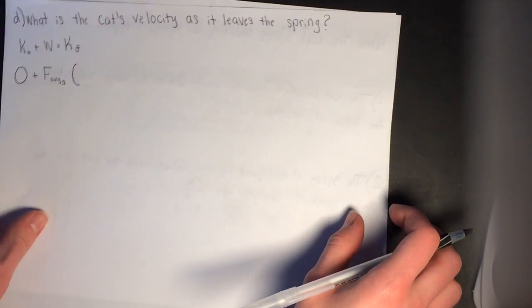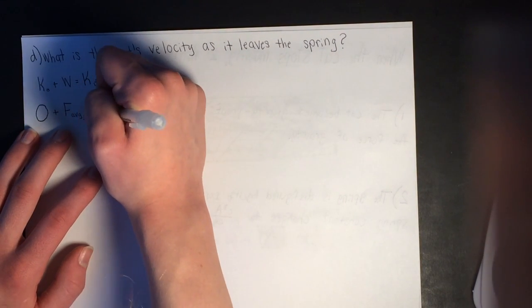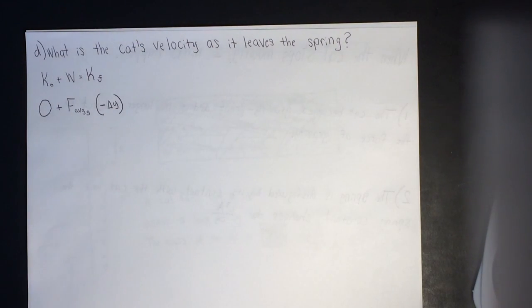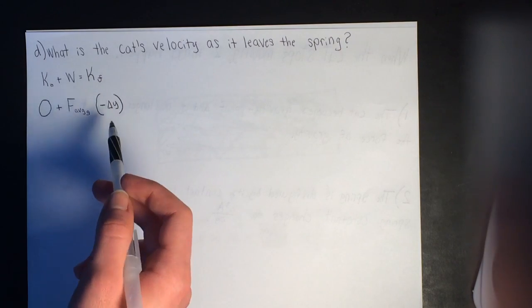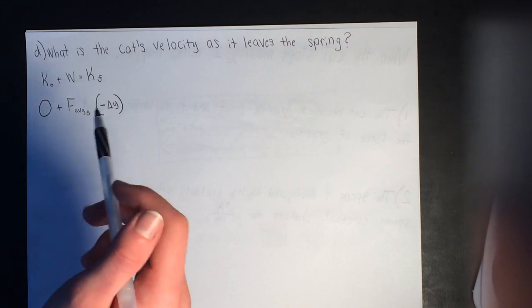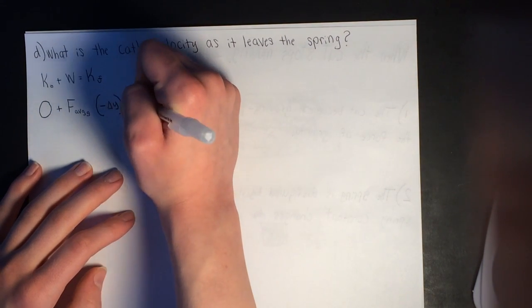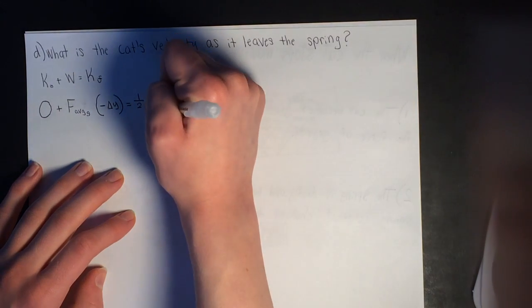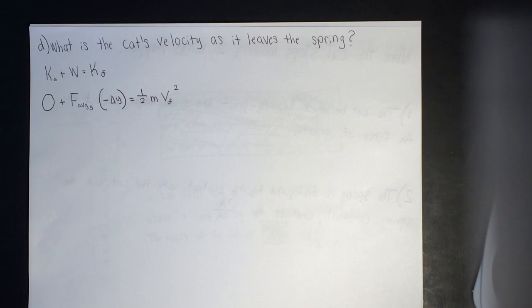So the change in the height of the cat in this case is going to be negative delta y, because it's going to travel the exact same distance it did before, except up instead of down. And delta y is already negative, so negative delta y will be positive. And then this should be equal to 1/2 the mass of the cat times the final velocity of the cat squared. And we'll be solving for the final velocity.